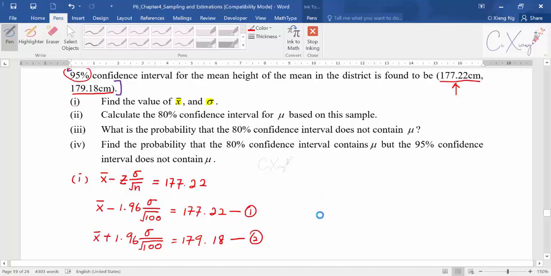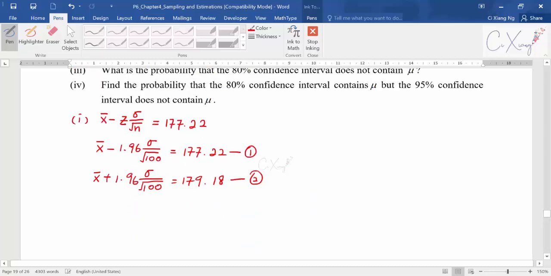From here, you can try to solve the simultaneous equations. I'm not going to show you the details, so please complete the steps. Eventually, your answer should be sample mean equals 178.2, and sigma equals 5. This will be the final answer for part 1.